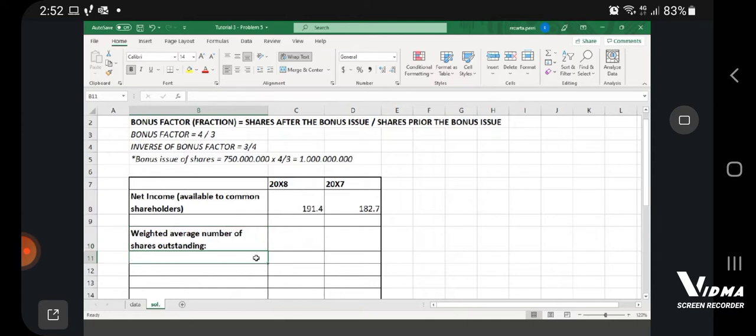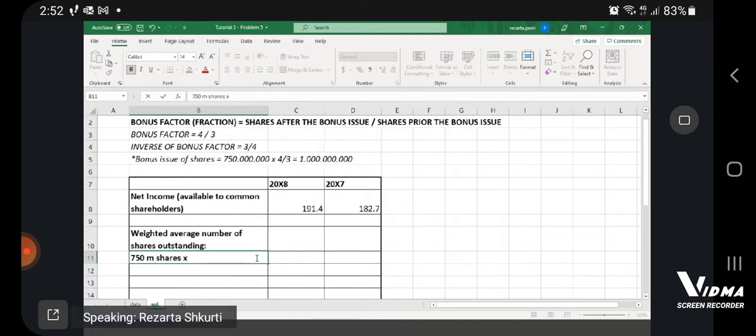That means that if we start with 750 million shares, we have to weight that by the amount of time they are outstanding, that is 3 months out of 12, but also with the bonus fraction 4 to 3. Again, why do we do that?